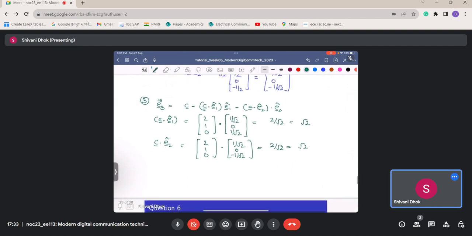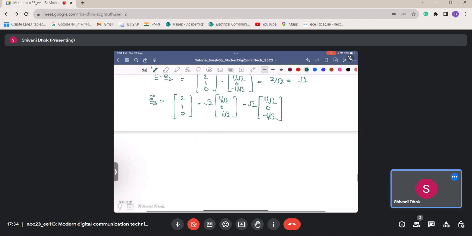So this e3 tilde is equal to, what is c? c is (2, 1, 0) minus root 2 times (1/root 2, 0, 1/root 2) minus root 2 times (1/root 2, 0, -1/root 2). So this is equal to (2, 1, 0) minus (1, 0, 1) minus (1, 0, -1).